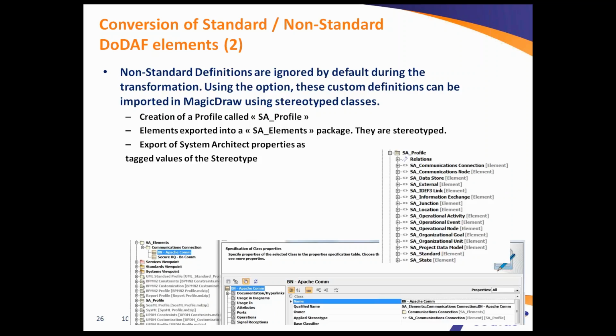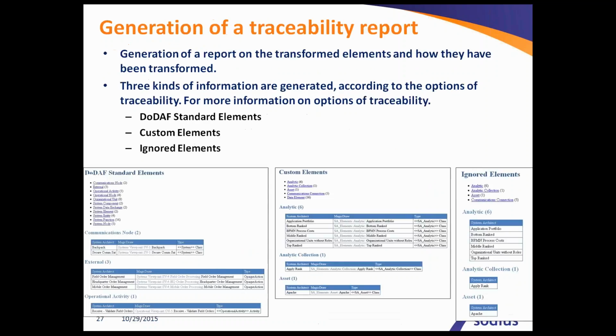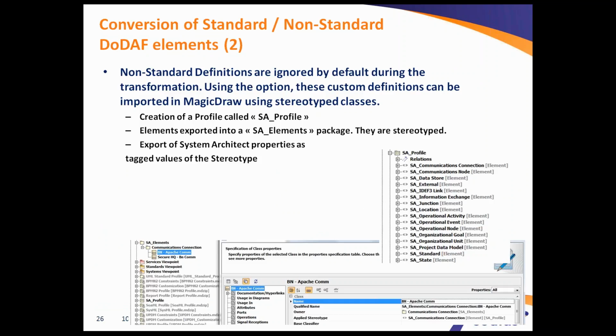Also, we have another conversion: the conversion of the non-standard definitions. They were ignored by default during the transformation. And when we use the option, the custom definitions can be imported into MagicDraw using stereotyped classes. So we create a profile called SA profile. The elements are exported into an SA elements package, so the additional elements that are not taken into account at all by the transformation, and these additional elements are stereotyped.